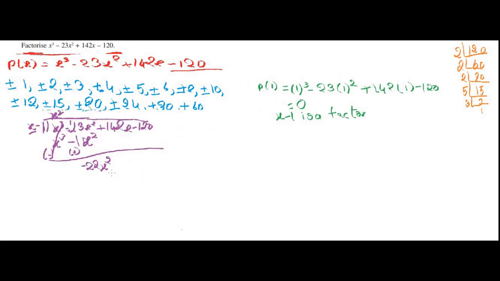So now again we should do the same process. To get minus 22x square, what should be multiplied with x? We get minus 22x, right? So minus 22x square, and this comes down, plus 142x.